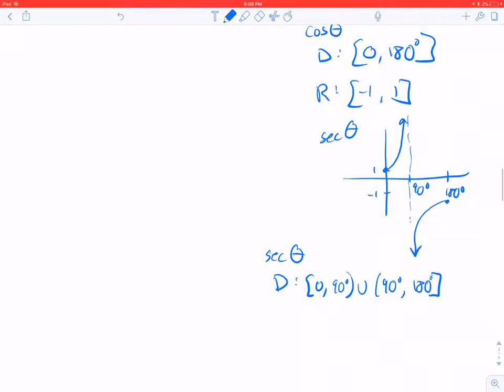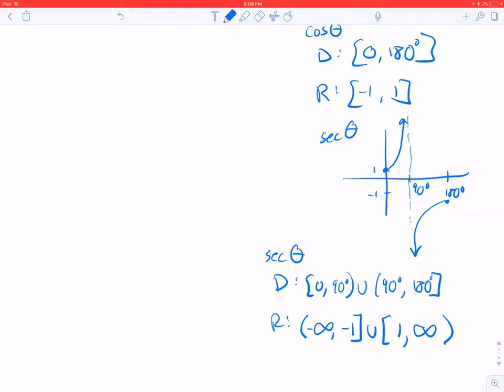Okay, and the range we see goes from -infinity up to -1, union 1 to infinity.